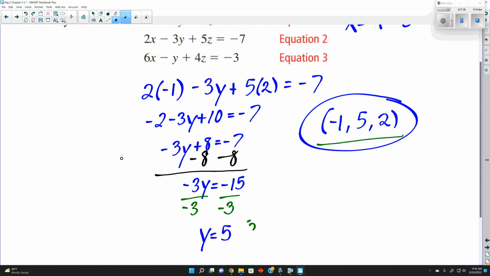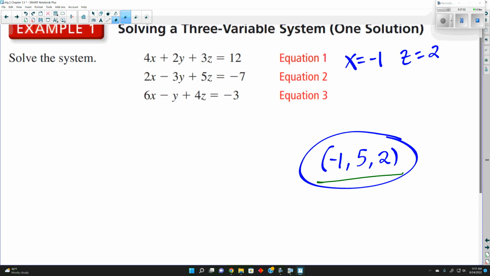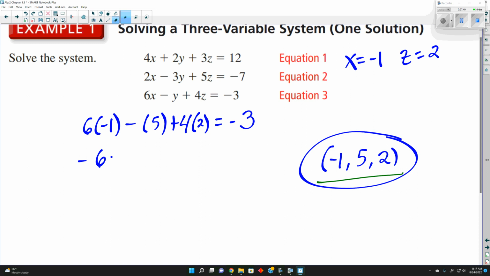Okay, one more time. So if, like the bottom equation, we plugged in this here, we said 6 times -1 minus 5 plus 4 times 2. And we work this out, we'll get -3. Because 6 times -1 is -6.